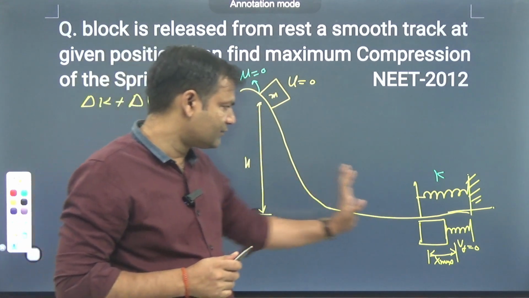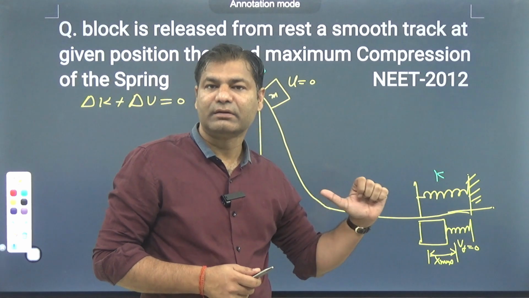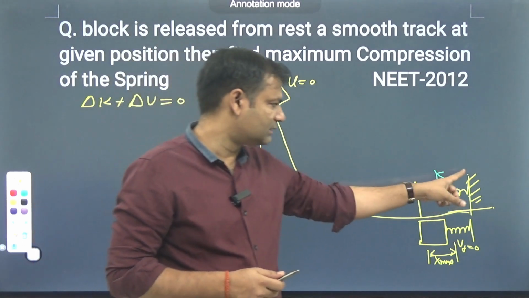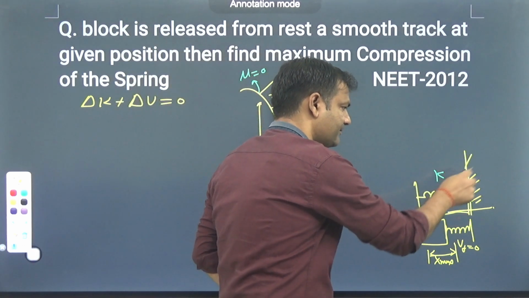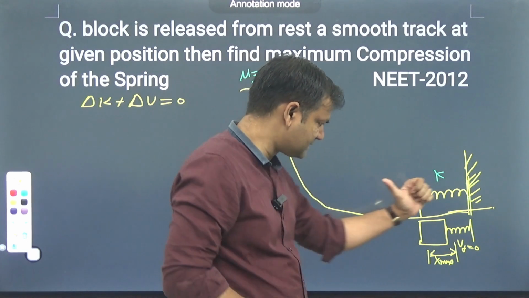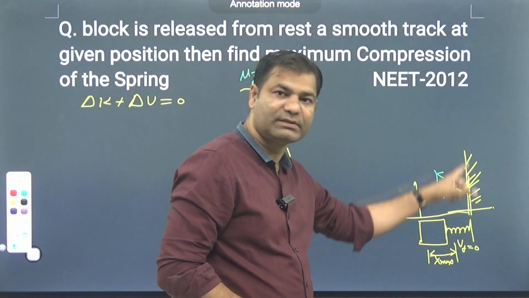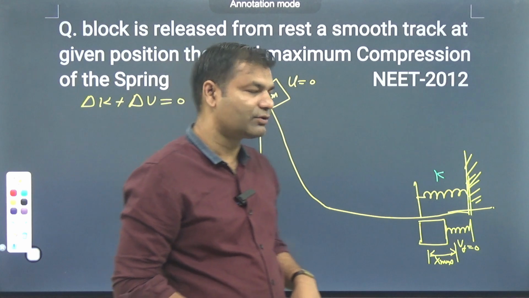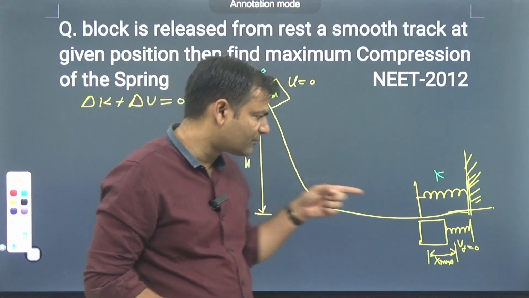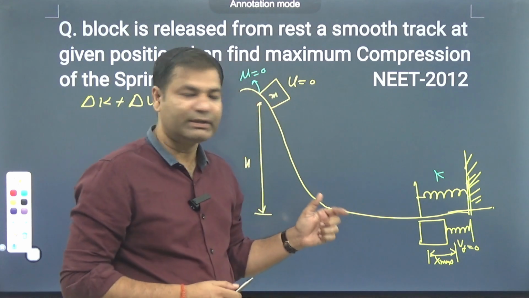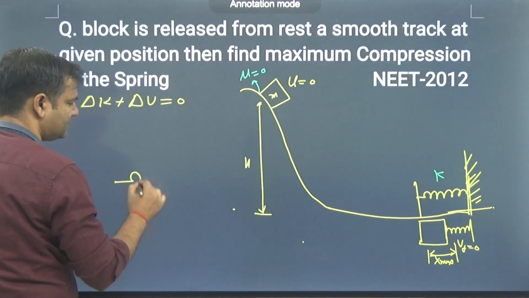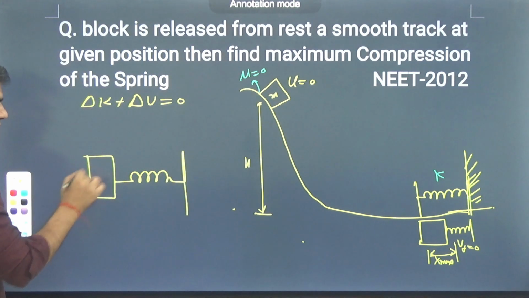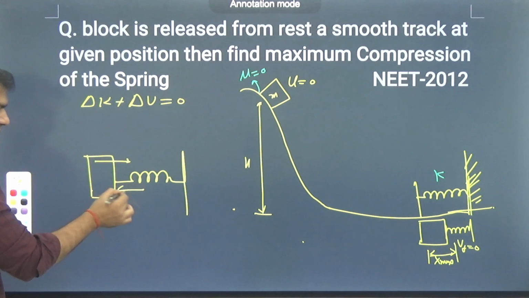The spring exerts a restoring force, and if the spring exerts force here, then this surface also applies force in this direction. If in doubt, see it at micro level: the block is going on and applies force here, and the spring applies force here.